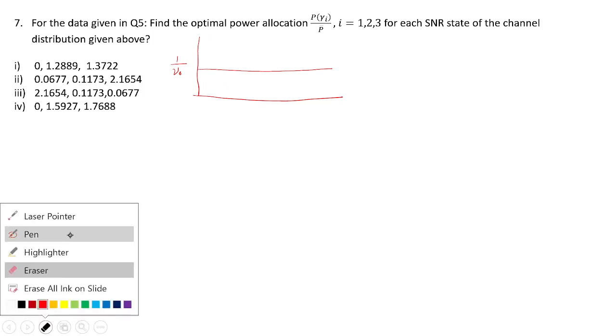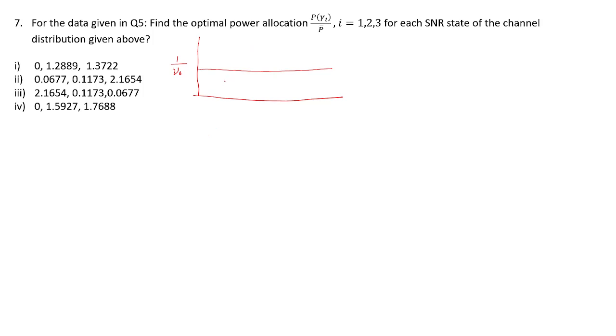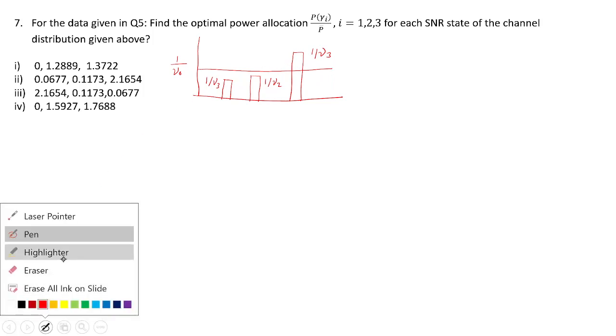The concept is as follows: these heights correspond to 1 over gamma 3, this side corresponds to 1 over gamma 2, this side corresponds to 1 over gamma 1. The concept is, sorry, gamma 1 it should be.